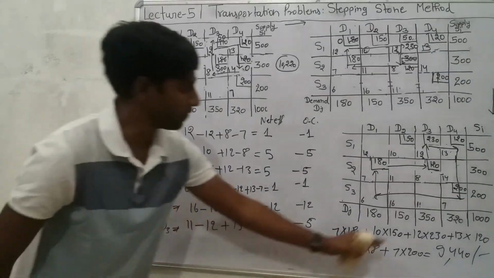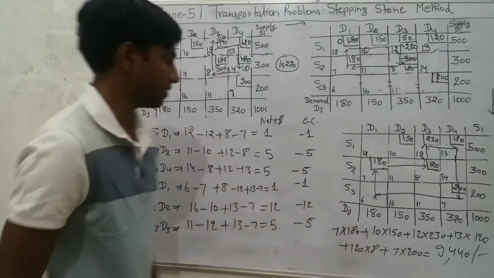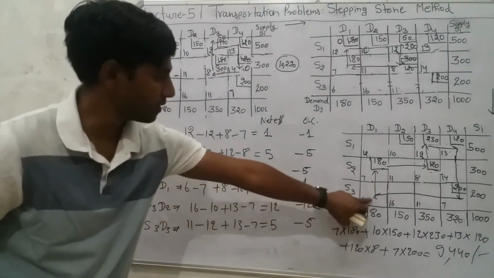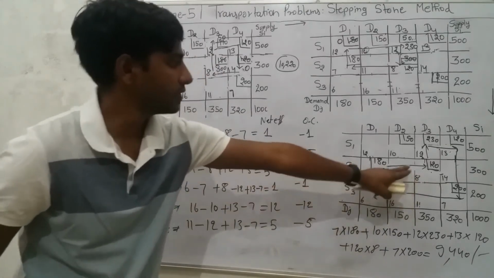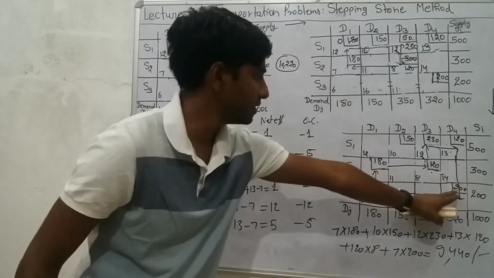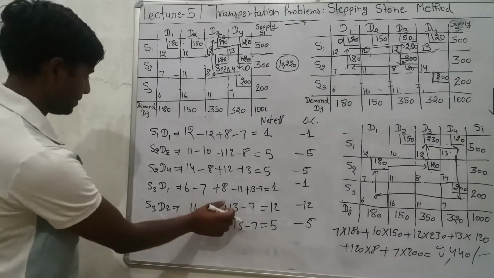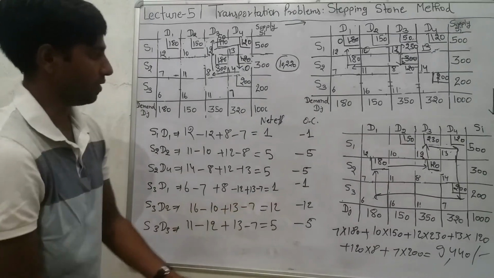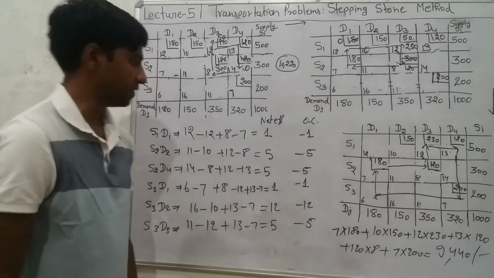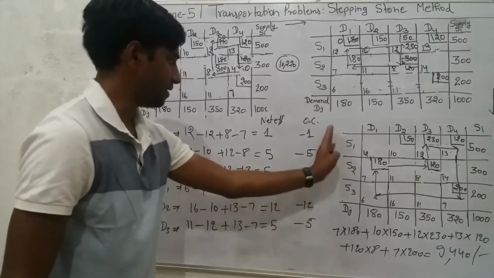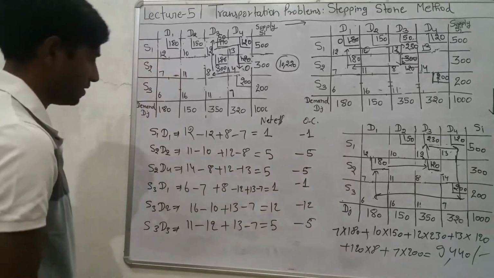So in this way we formulated the closed loop. So what would be the impact? 6 from the starting point, minus 7 plus 8 minus 12 plus 13 and minus 7. So the net impact would be plus 1, or the opportunity cost would be minus 1. So far we are getting good signs that we are going to get the optimal solution.